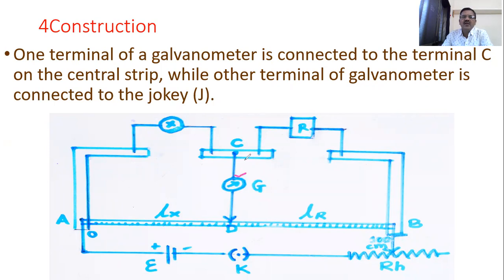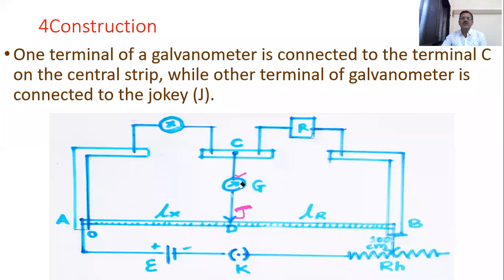This end of the galvanometer is connected to this central straight metal strip, and the other terminal of the galvanometer is connected to the jockey J. The jockey is a metal rod, or a key, which can move on this wire AB. So it is also called the sliding key.